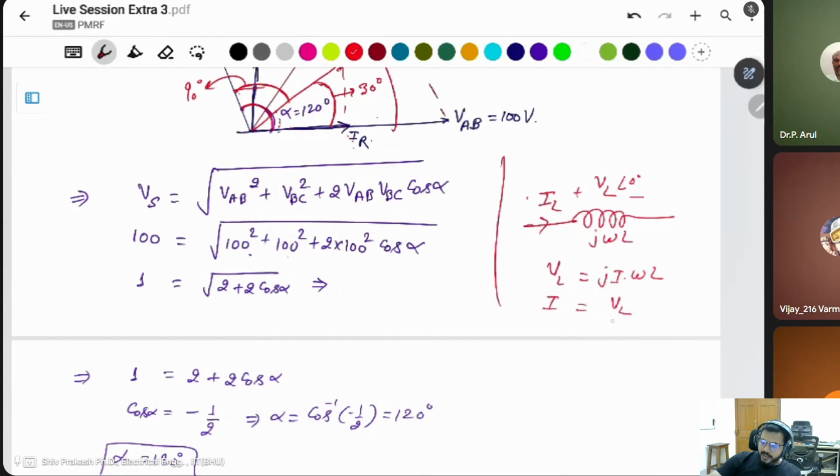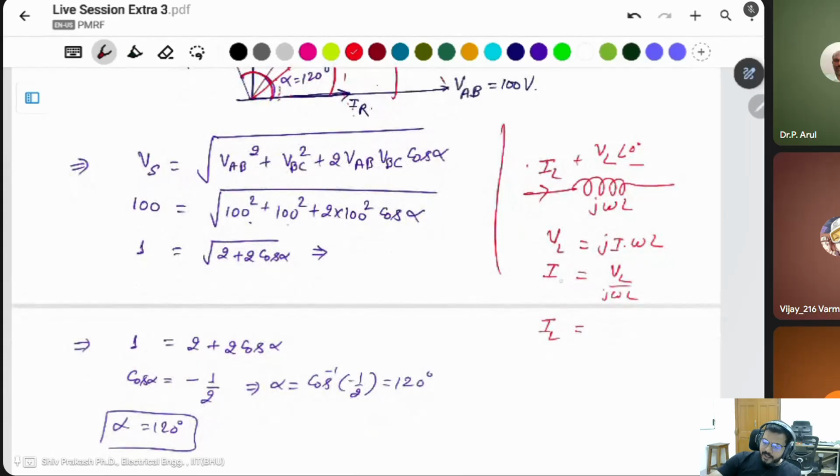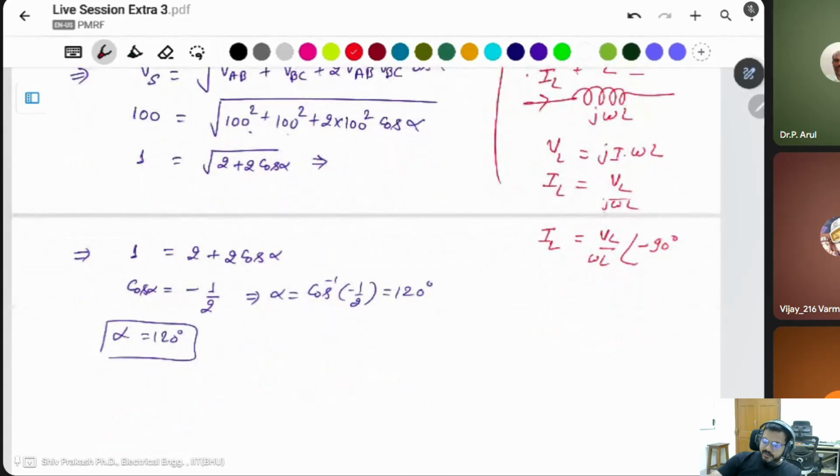I is VL by j omega L, which is VL divided by omega L, and 1 by j gives angle minus 90 degree.